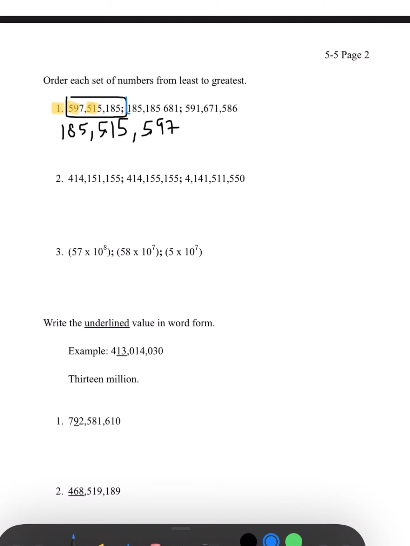Let's do the next one. We know 185 and 185 are the same numbers, so we just write 185, 185, since they're equal. And then we have 681, which is the greatest here.